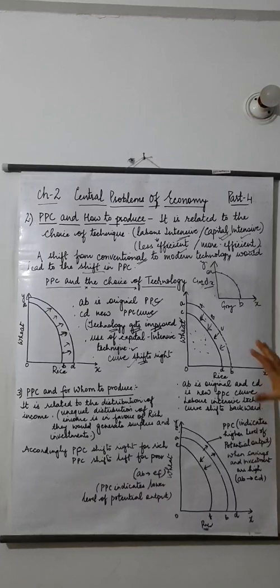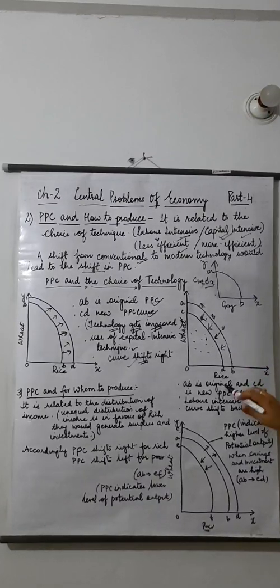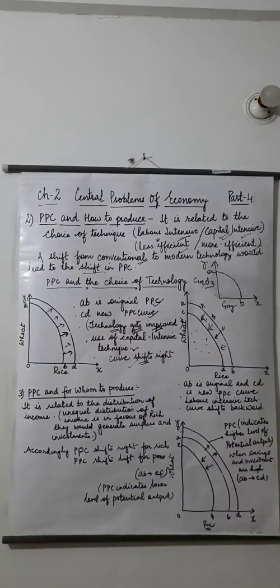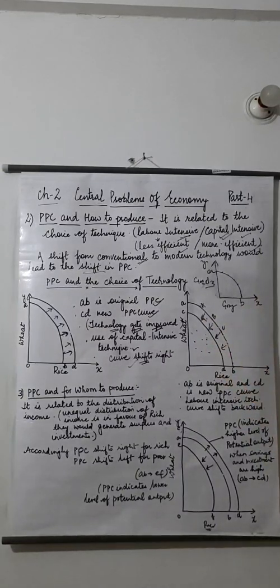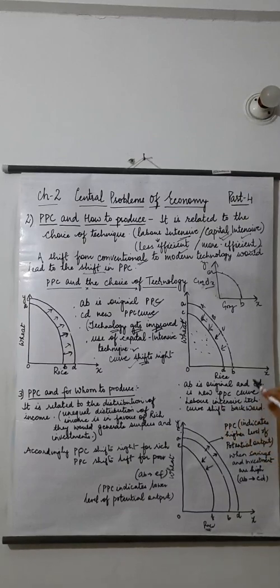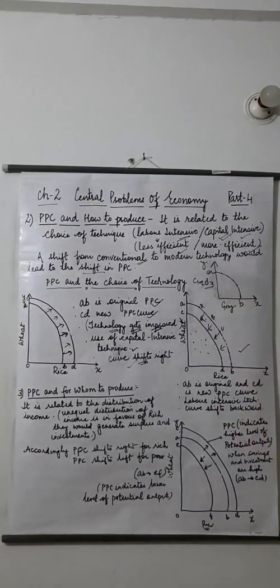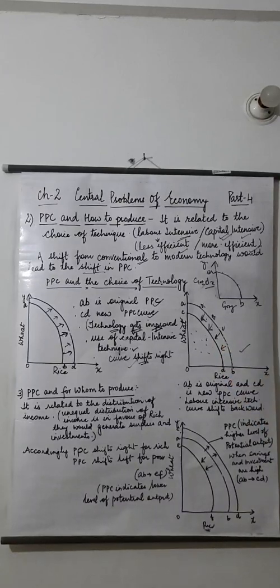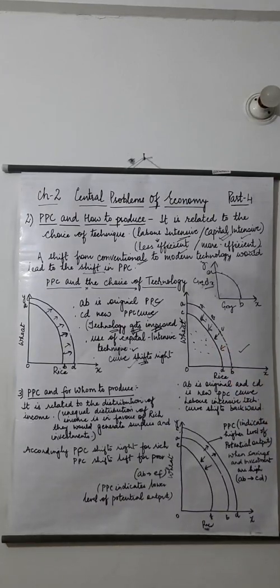So the observation says that AB is the original curve and CD is a new PPC curve, showing the backward shift. The labor intensive technique is used, and ultimately the curve shifts backward. That means more input is required or resources are underutilized.